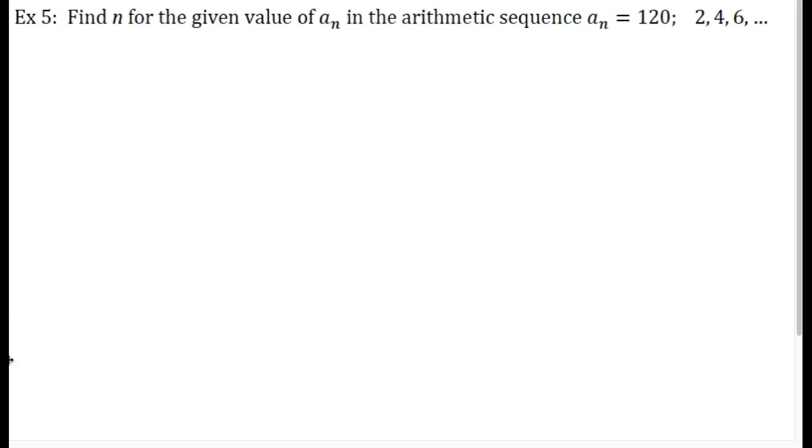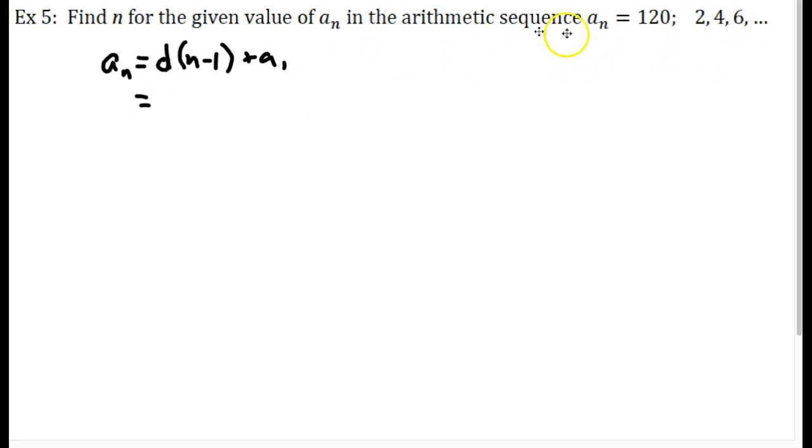For example 5, we want to find n if we know that a sub n equals 120, and we're going 2, 4, 6. So again, we need to use this formula: a sub n equals d times n minus 1 plus a sub 1.